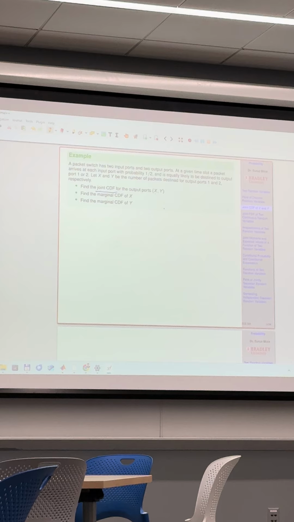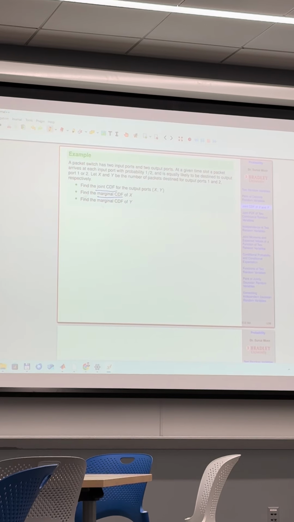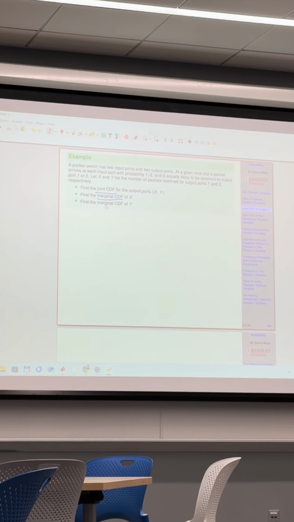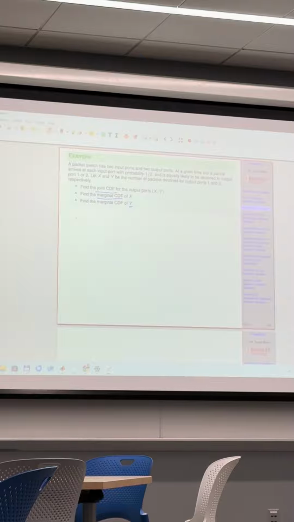Find the marginal CDF. So we went through the previous property, and we are just directly applying it right here in this example. Find the marginal CDF of what? Okay, I took this example from the book, but I did modify it to include a few more points.